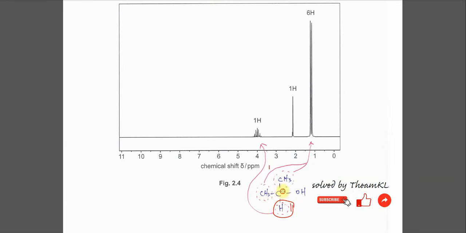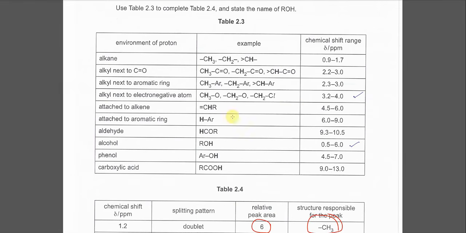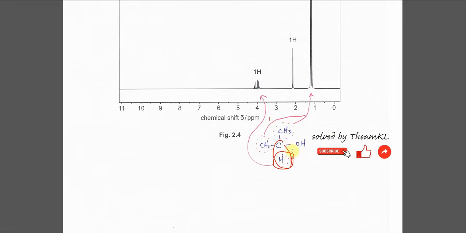And this CH, this alkyl group, is next to O. That's why the chemical shift is a bit more positive. You can check the table: when the alkyl group is next to an electronegative atom like oxygen, the chemical shift is around 4. So the hydrogen that produces this multiplet must be next to oxygen.